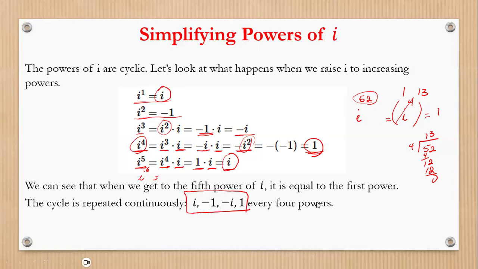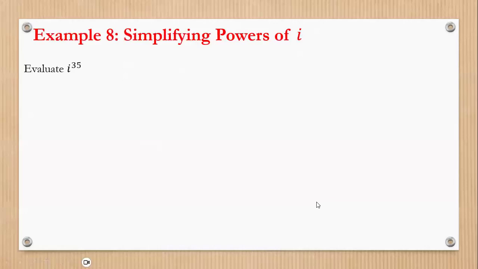Now, if you look at this example, we want to evaluate i to the 35th power. Again, I need to know how many powers of 4 are in 35. So we divide 35 by 4 again. And I know 8 times 4 is 32, with remainder 3.